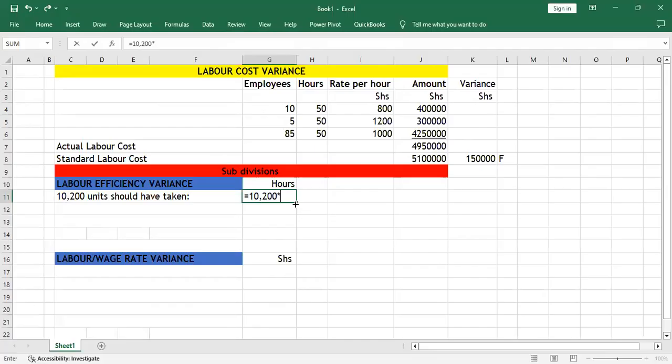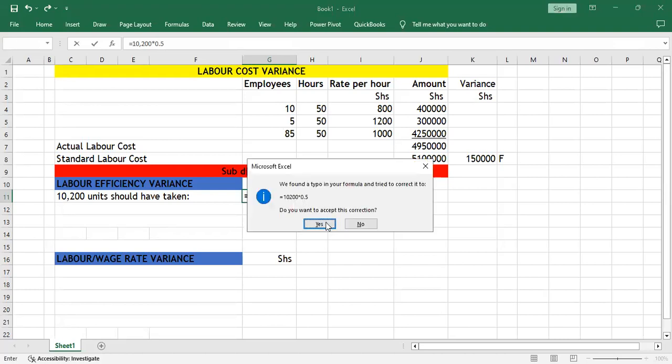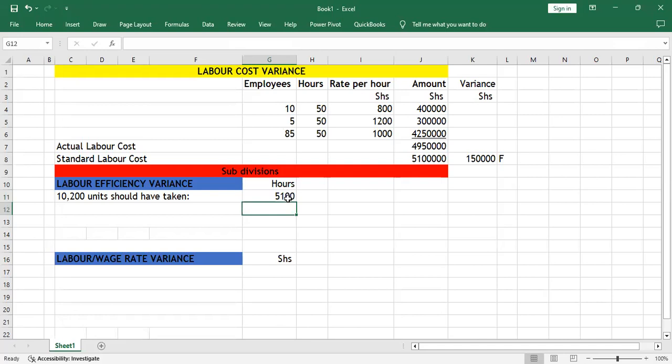So 10,200 times 0.5 gives us 5,100 hours. Those are the hours that should have been taken to produce the 10,200 units.